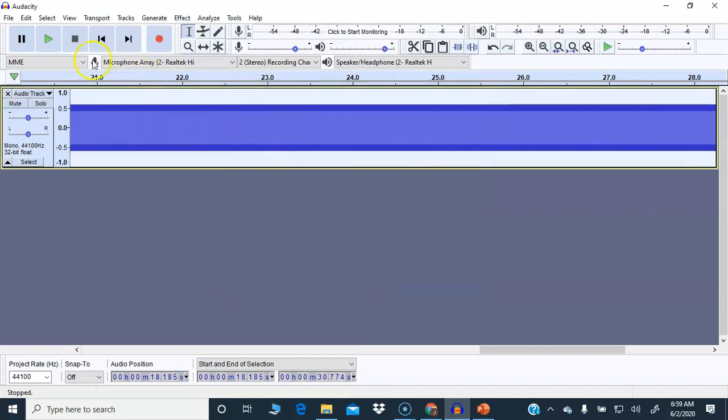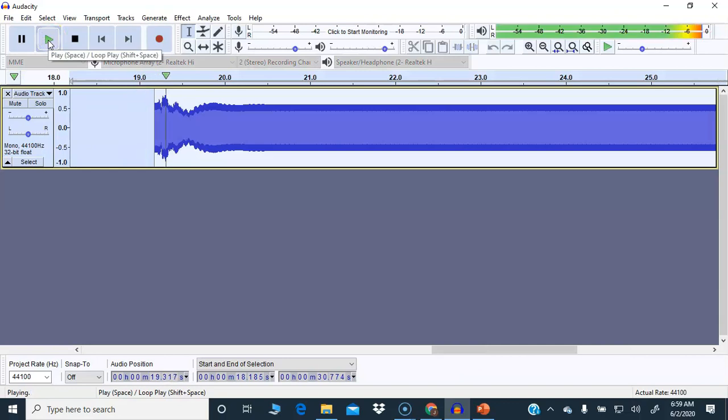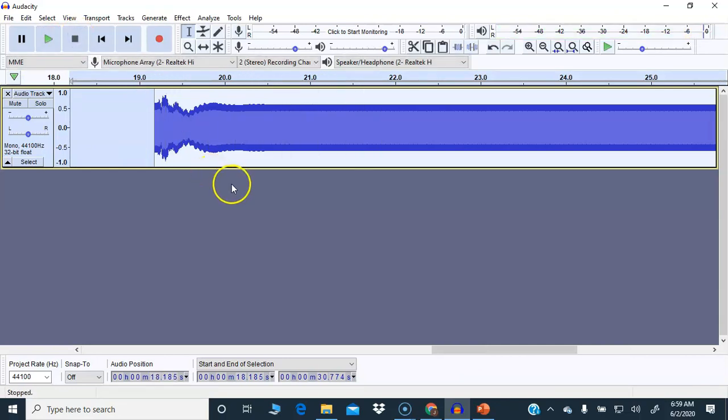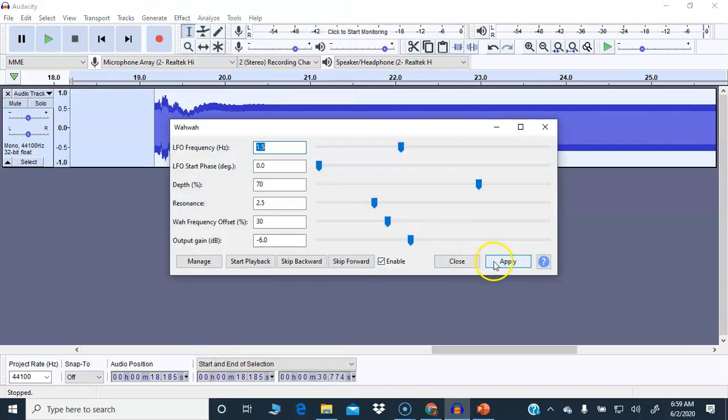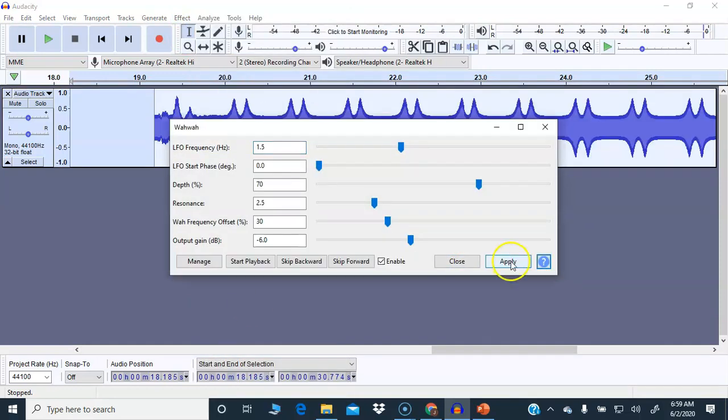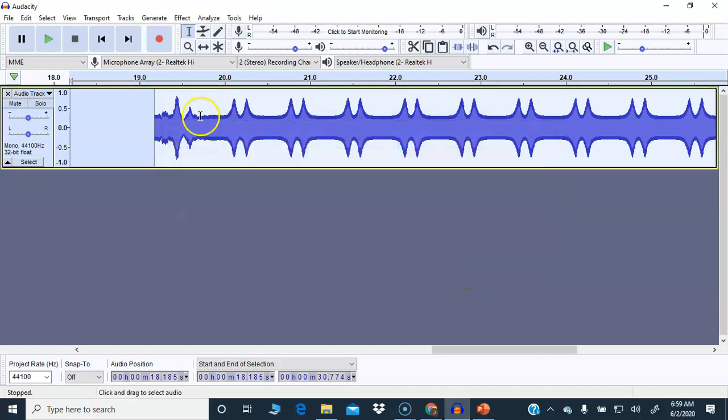Let's hear what that sounds like. Okay, that was a reverb. We can also do an effect called a wah-wah. Let's try a wah-wah. Okay, let's listen to that.